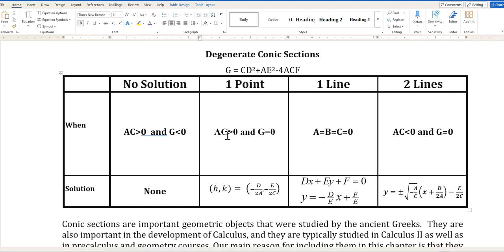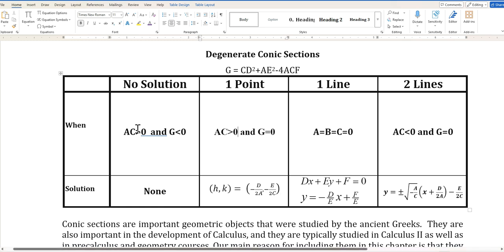And if they're the same, it degenerates to a circle. If they're the same, but this G is 0, then it degenerates all the way down to a single point. That's like a circle or ellipse with 0 radius.